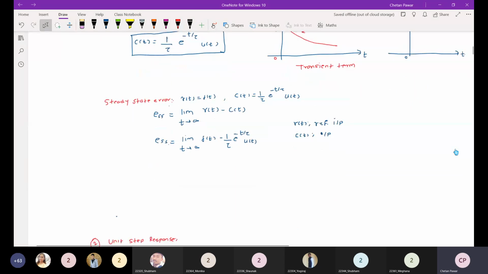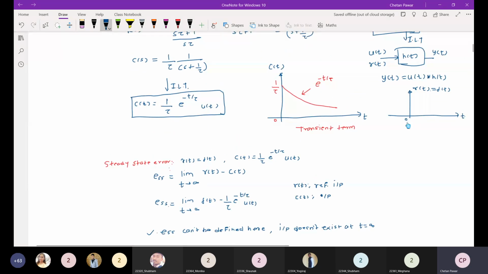So for such a signal, you can't define the steady state error. So ESS can't be defined here. Steady state error can't be defined, because the input doesn't exist at t is equal to infinity, because it exists at only t is equal to 0.